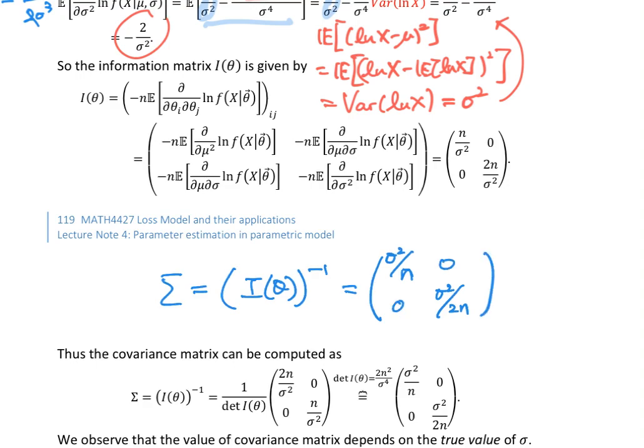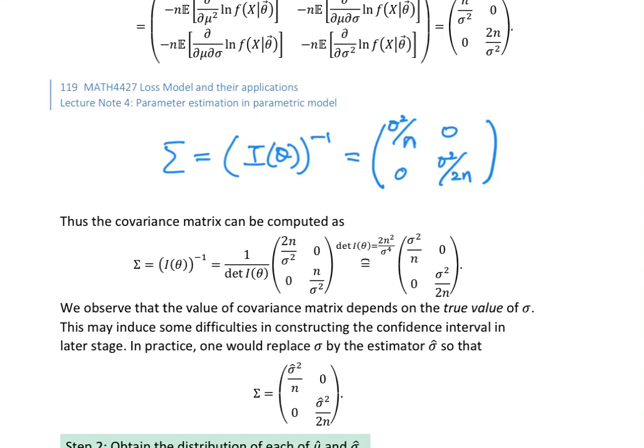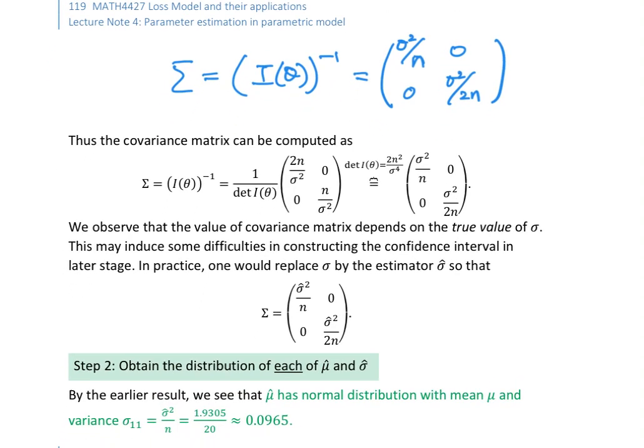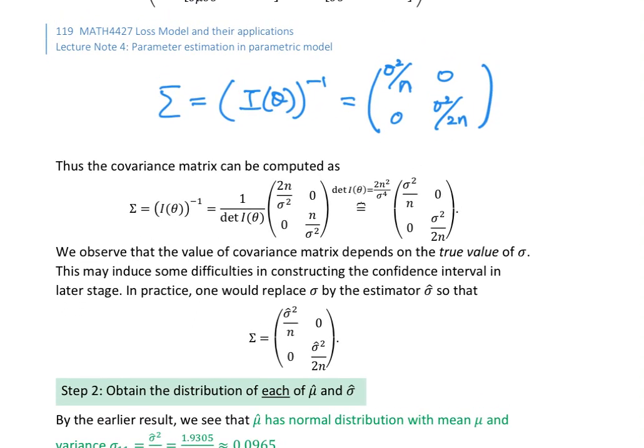Of course, if you don't have this result, you can use the traditional method and find the inverse. After this, we can go back to the determination of the distribution of the mu hat.